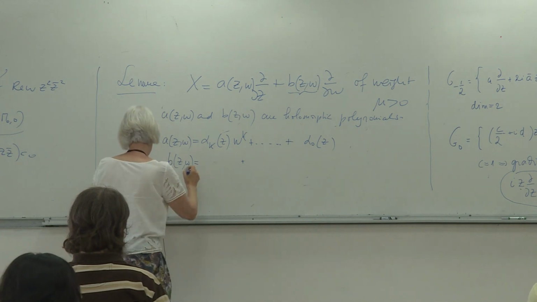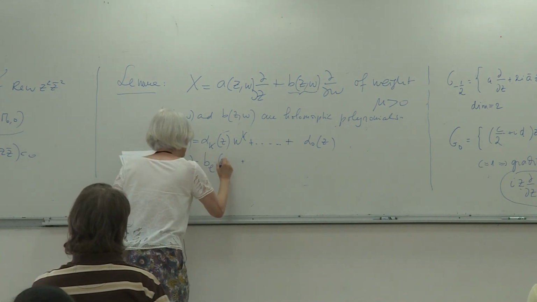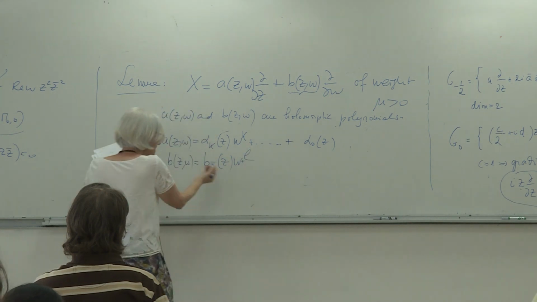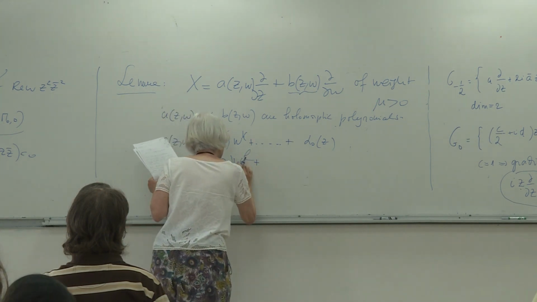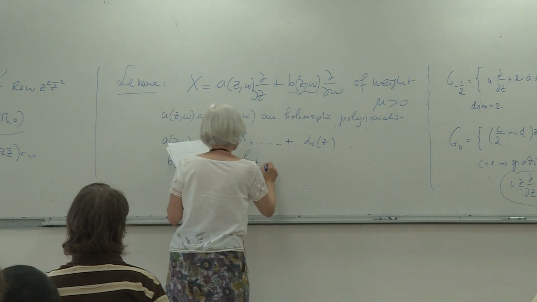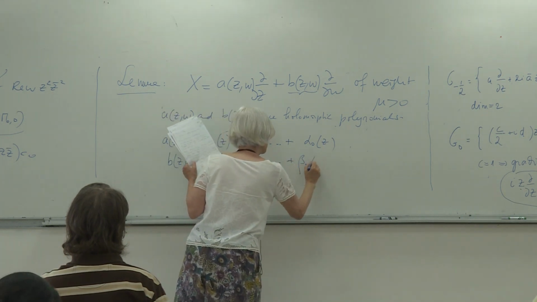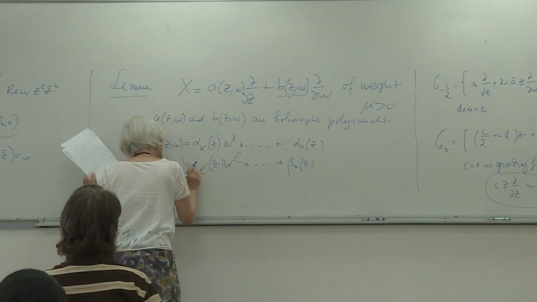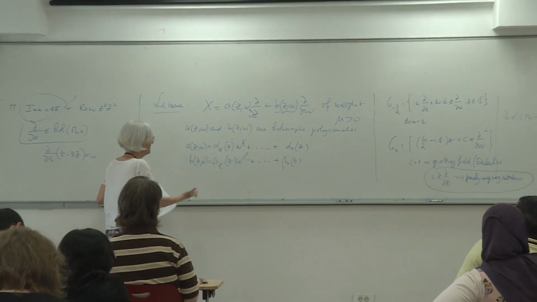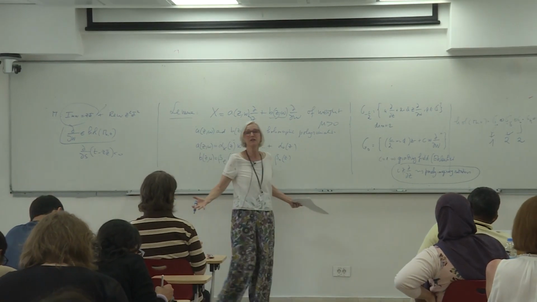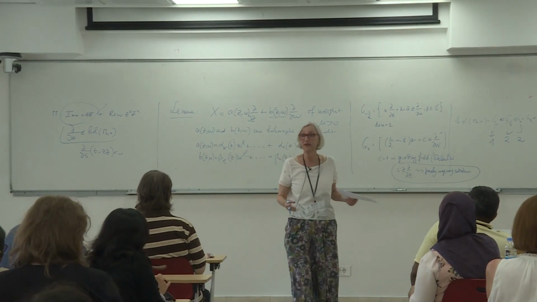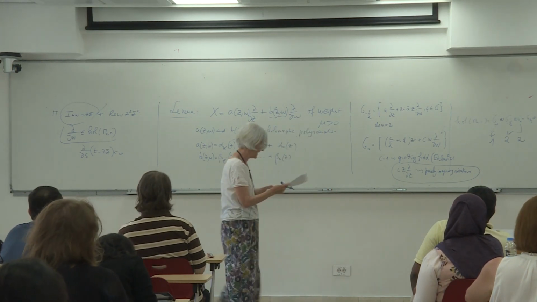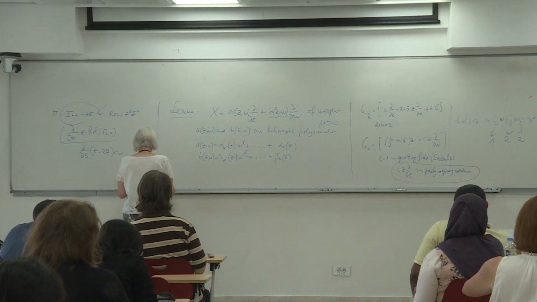And here you have, say, B_L of Z W^L, it's maybe different, plus beta naught of Z. It should be a beta to be consistent. So you write that. Say, for instance, W squared plus Z^4. This is a perfect stuff of weight 2, right? Z doesn't have the same weight.